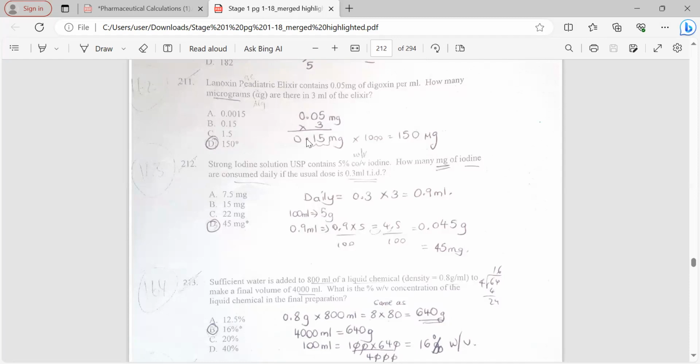Right? 100 ml of that solution has 5 grams. So 0.9 ml has how many milligrams? You get 0.045 grams. Correct. That comes to 45 mg.